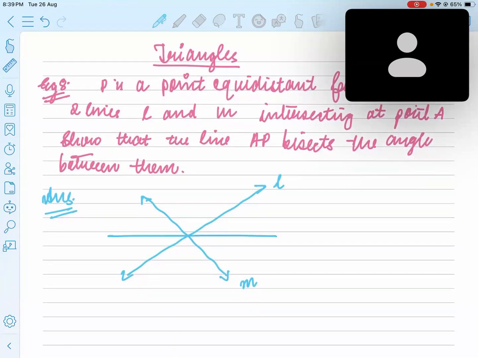So here you have one more line, and this is a point P. What you have to show is that AP bisects the angle between them. This point is A, this is P, and here you have two perpendicular lines.